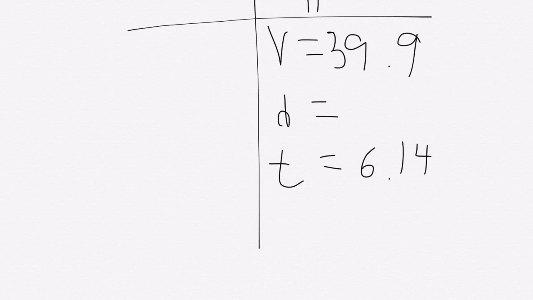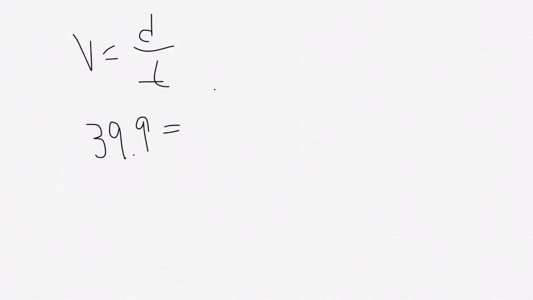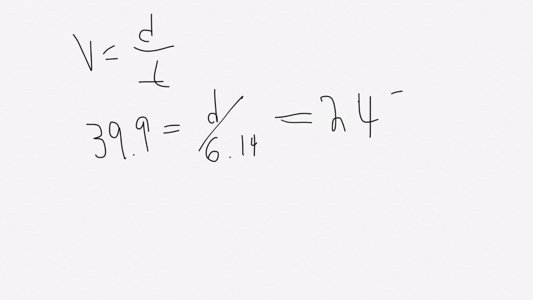To find the distance, we know that velocity equals distance over time. So we do 39.9 equals the distance over 6.14. You get 245 meters for how far it went.